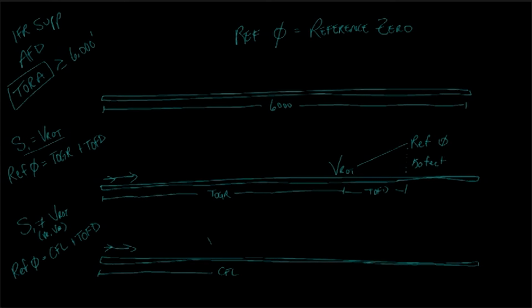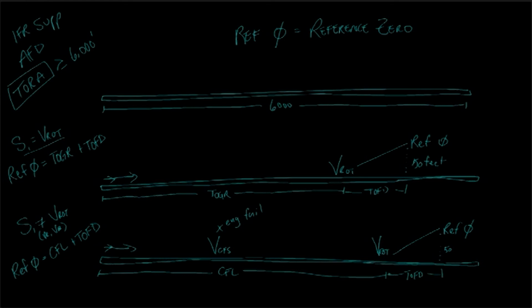That means we've hit critical engine failure speed, lost an engine, and decided to continue. So there's our engine failure at critical engine failure speed, and we decide to continue. The distance it'll take for us to accelerate to rotation speed here is known as critical field length. And when we rotate to take the aircraft airborne, when we reach 50 feet above the runway, that lateral distance is called takeoff flare distance.